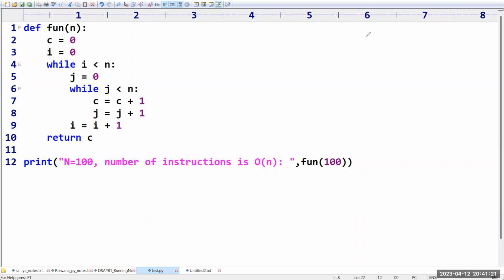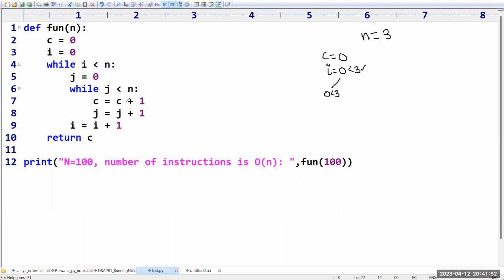Suppose if I am giving the value of n is equal to 5, sir, what will happen? Otherwise, for simplicity purpose, I am giving the value of n is equal to 3. Count is equal to initially 0. So your i value will become 0. Is i value less than n? Yes, condition satisfied. Then j will become 0. Is this j less than 3?